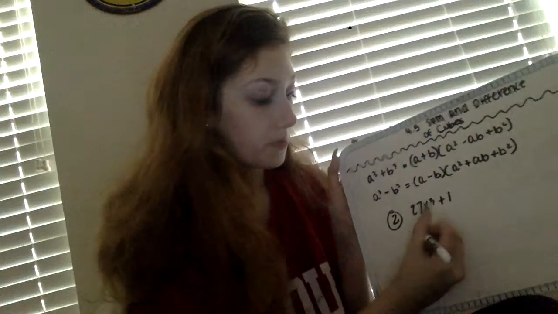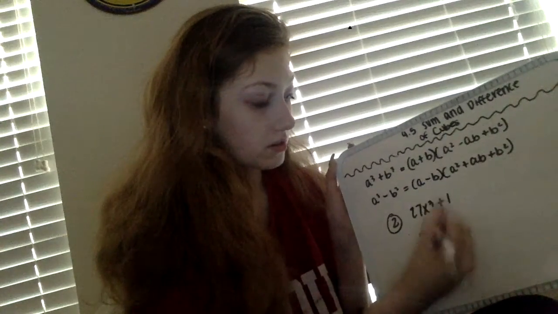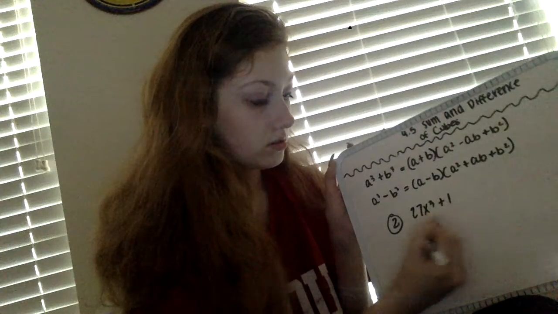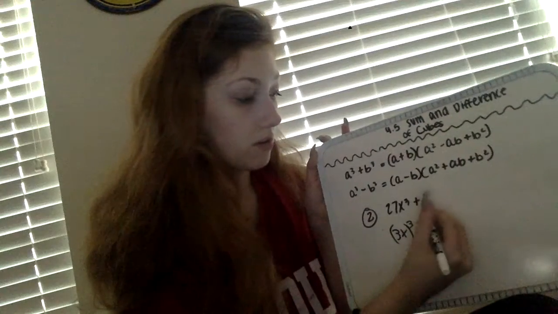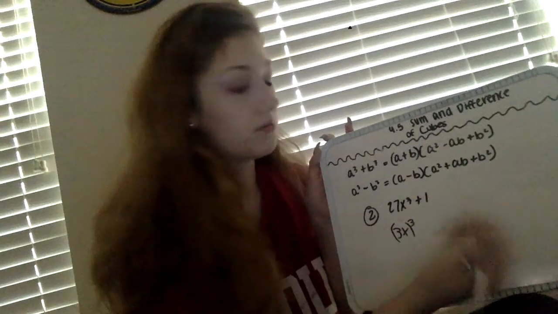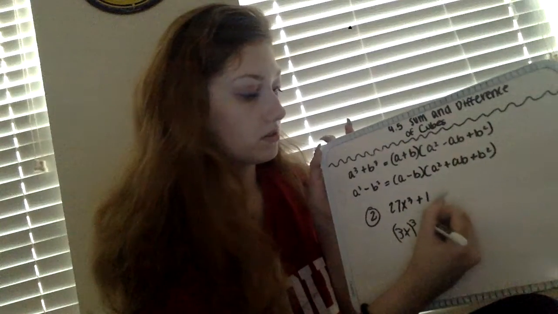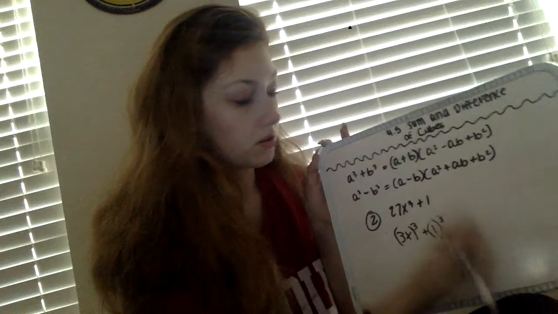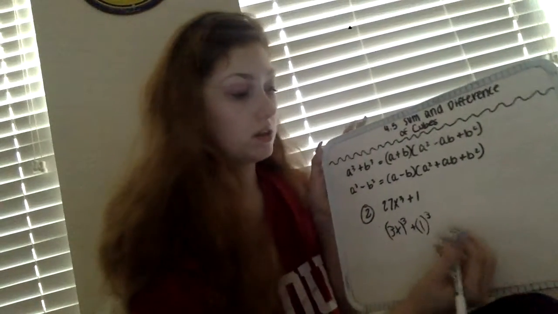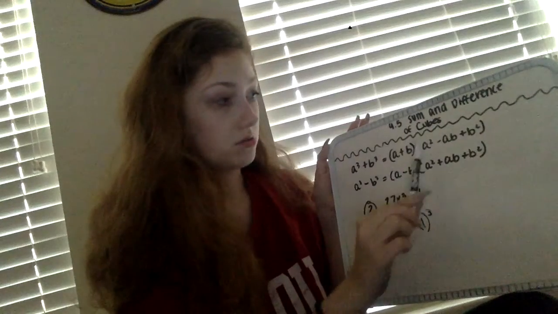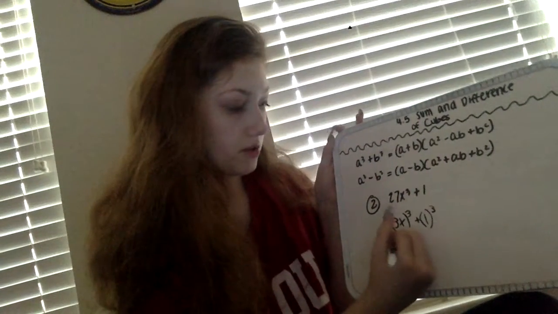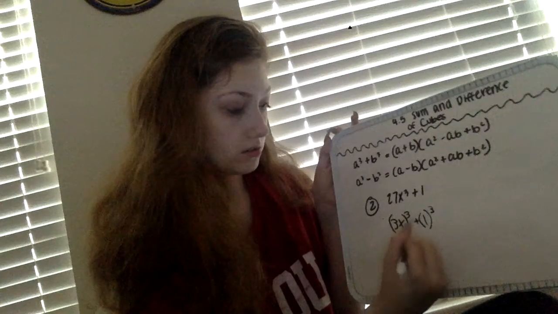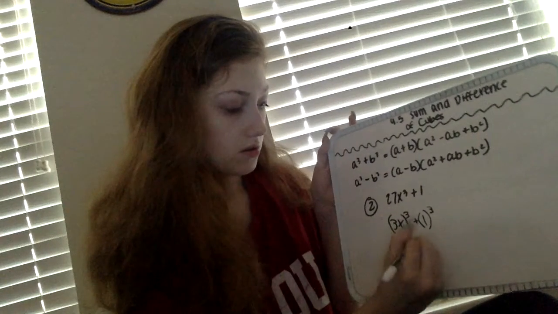27x cubed is (3x) cubed. So I'm just going to do that to make it more apparent. And then the cube root of 1 is still 1, so 1 cubed. And that's pretty easy, and then you just plug it back into this equation up here. So a would be 3x plus 1, that's a plus b.